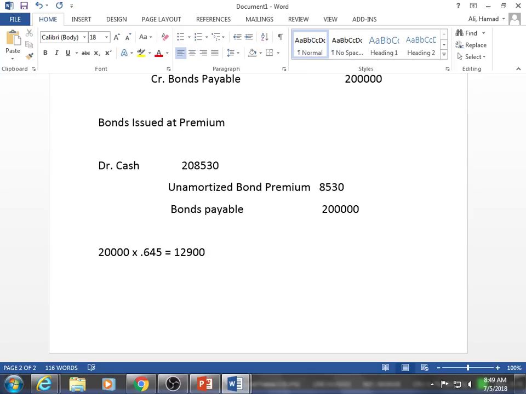And then we're going to do the present value of the interest, which is 900. Which table are we going to use this time? Table 2.